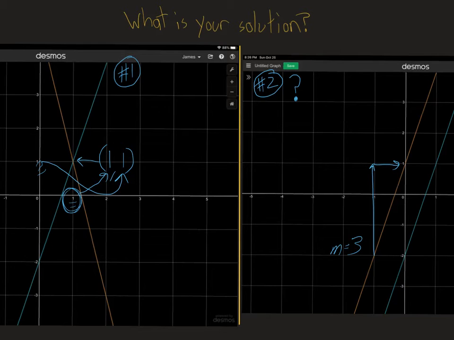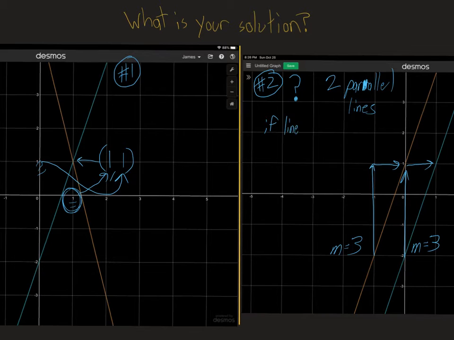And if we look at the second equation, 1, 2, 3 up and over 1 also, which means that guy also has a slope of 3. We have 2 lines with a slope of 3. If you remember what that means, it tells us these 2 lines are parallel. When you have 2 parallel lines, that means they're never going to meet, they're never going to cross.